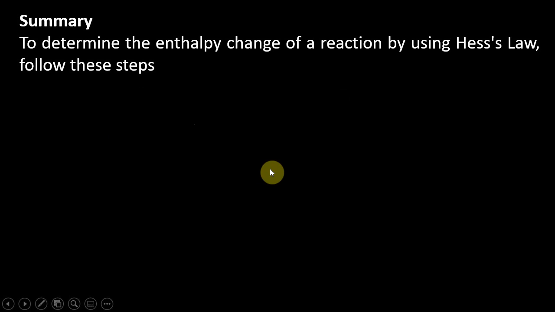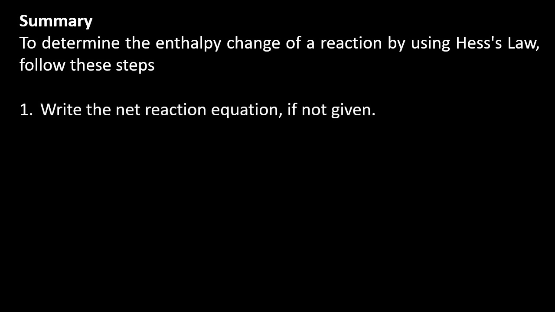So just to summarize, basically what we're going to do is take these reactions and try to build our desired reaction based on the reactions that are given, and then simply use the enthalpy changes for those reactions, adding them up in the necessary way to get the overall enthalpy change.